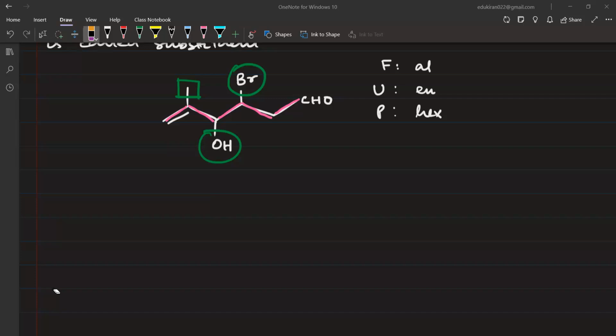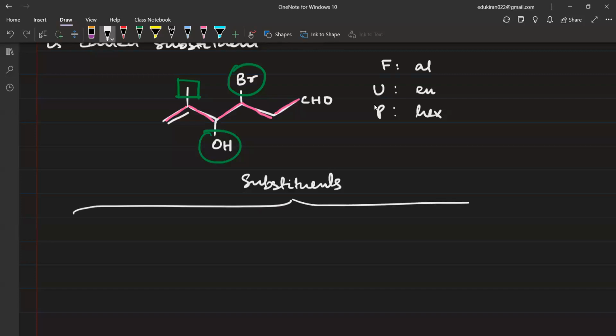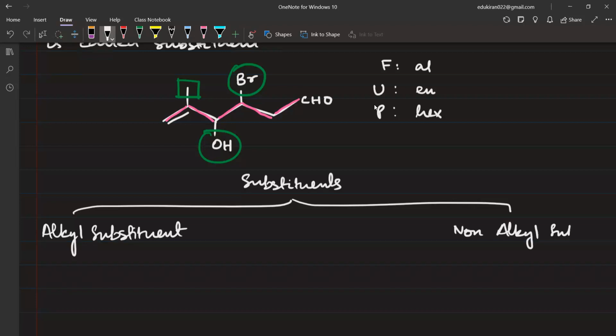Okay. So first of all, I will classify the substituent into 2 parts. One is alkyl substituent. And the other is non-alkyl substituent. So what is alkyl substituent? It contains only carbon and hydrogen.